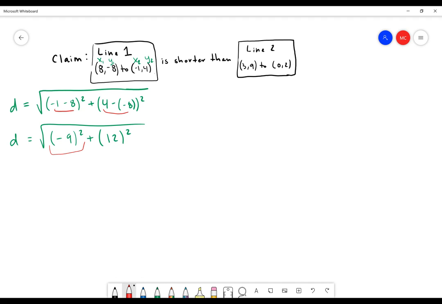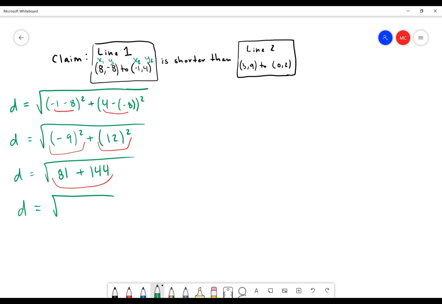Now I'm going to simplify these exponents. So distance is equal to the square root of -9 squared, which is 81, plus 12 squared, which is 144. Now I'm adding inside the radical.